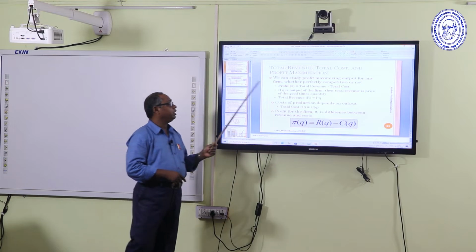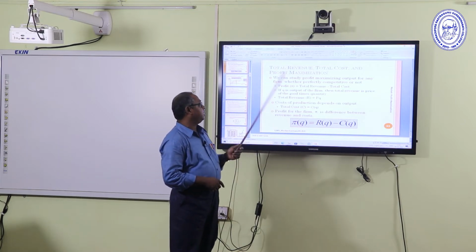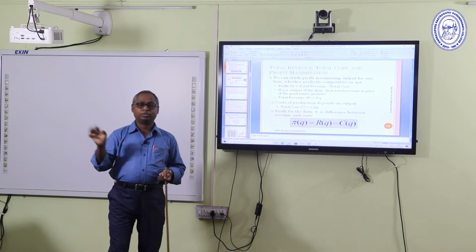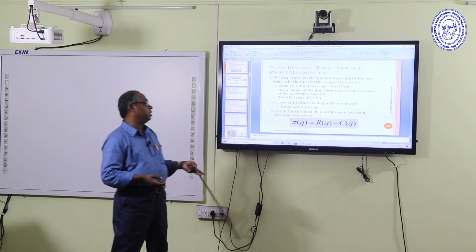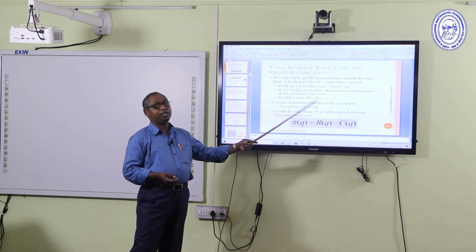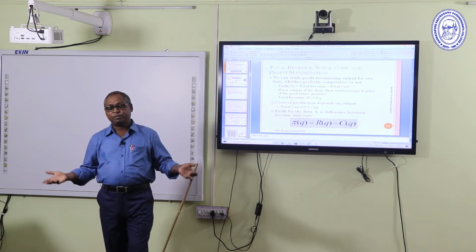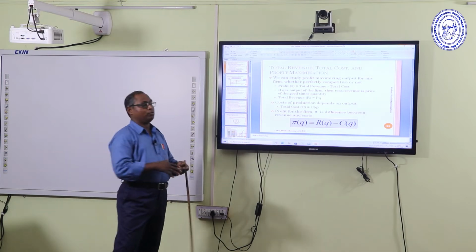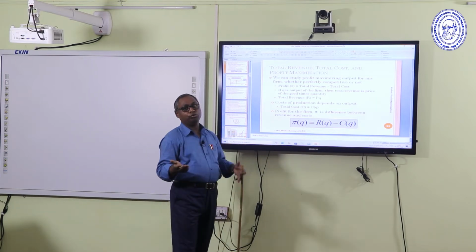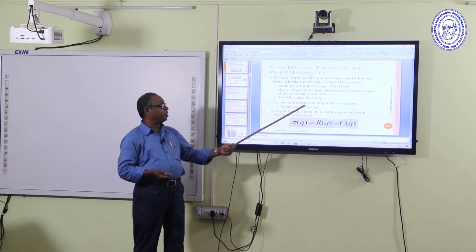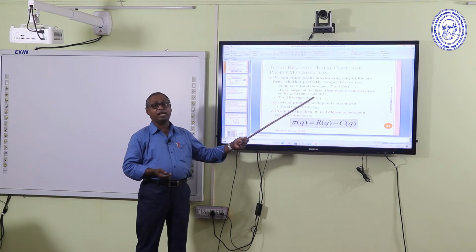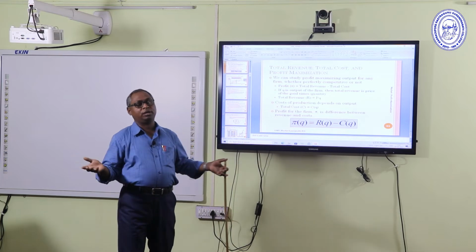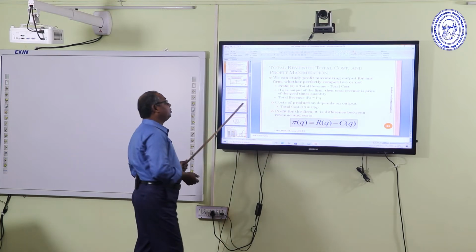If the firm is a profit maximizer, then the profit function will be total revenue minus total cost, and total revenue here is P into Q. Why? Because firms are price takers, so price is given. The volume of revenue will depend on how much I sell in the market at the given price. So total revenue of the firm is nothing but P into Q.